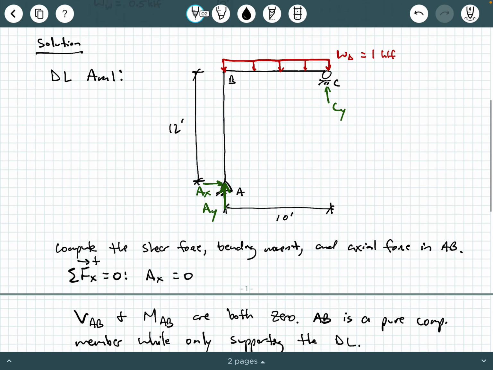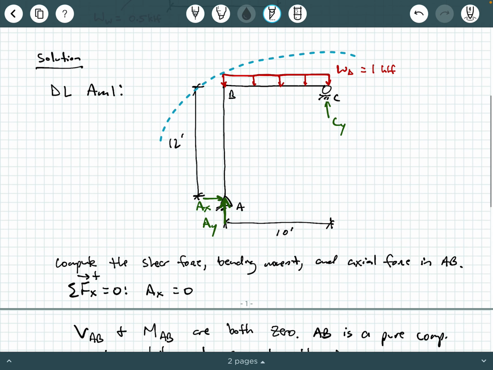If you want to, you can redraw this frame showing W live here, but geometrically it's going to look exactly the same as your dead load analysis. The only difference is you have 1.5 KLF and it's called W live.